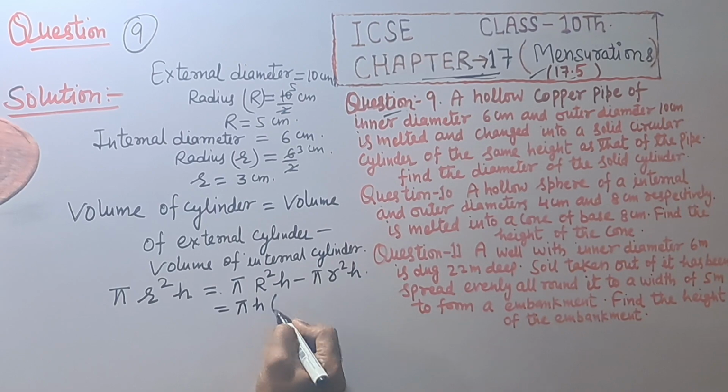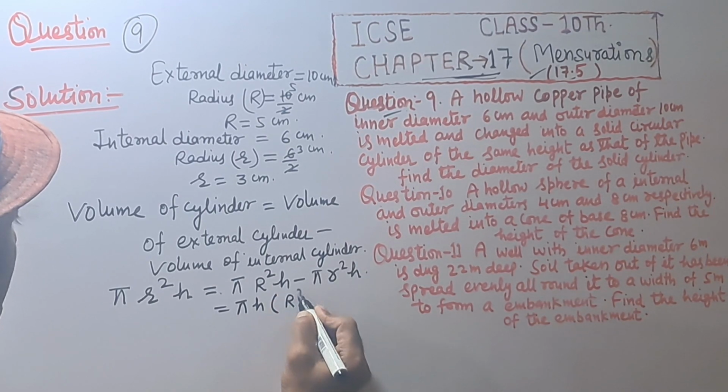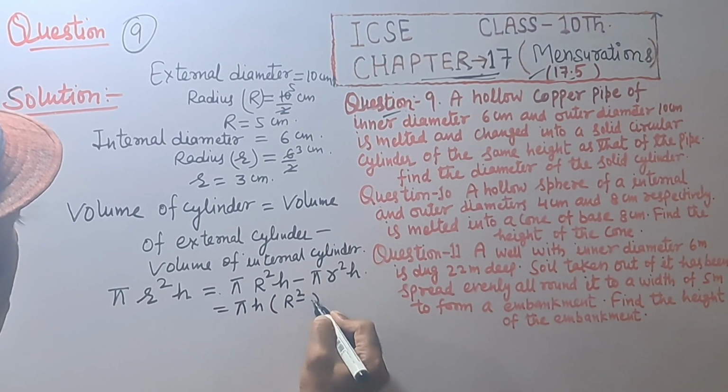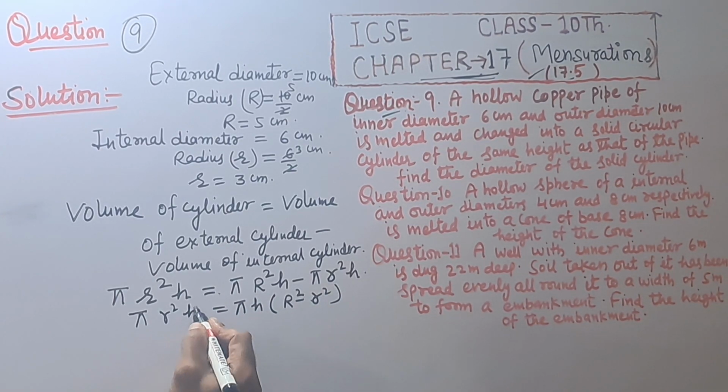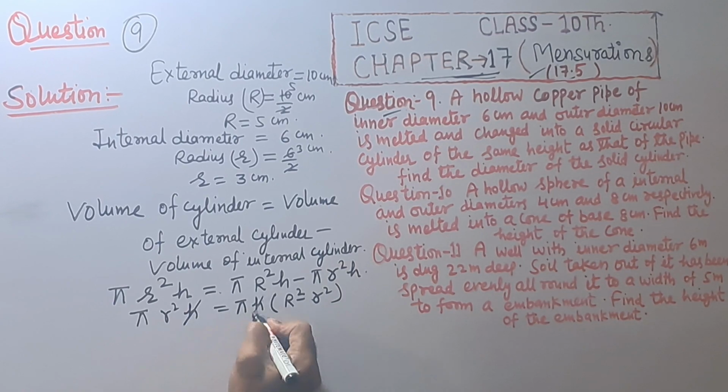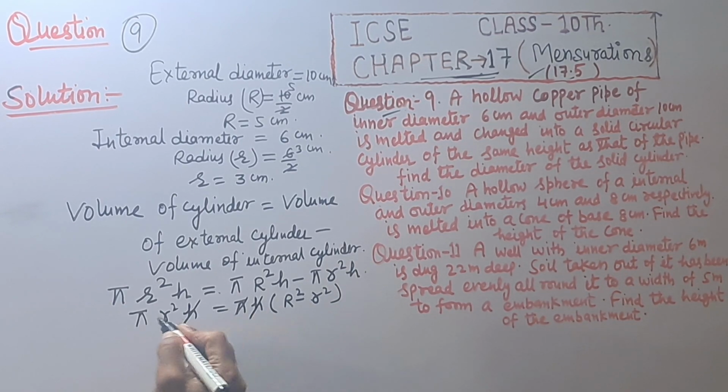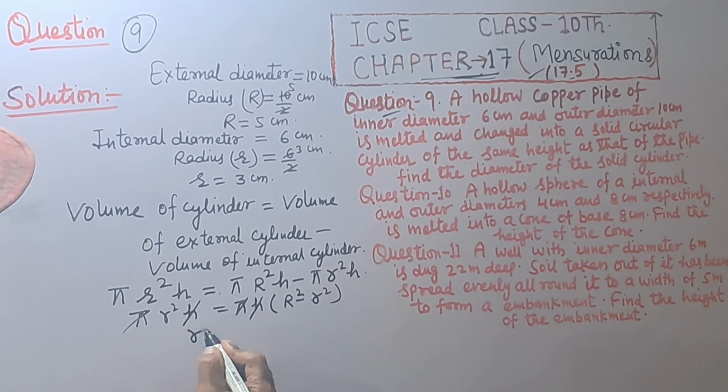Taking pi h common, capital R square minus small r square. Pi h is cancelled and pi is cancelled.